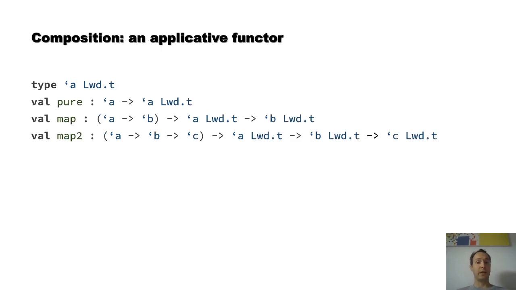The rest of a lightweight document is built by composing simpler documents. It actually forms an applicative functor, so functional programmers will be at ease with document building. The pure function returns a constant, a changing value that never changes. Map transforms a single value that will change when its input change.